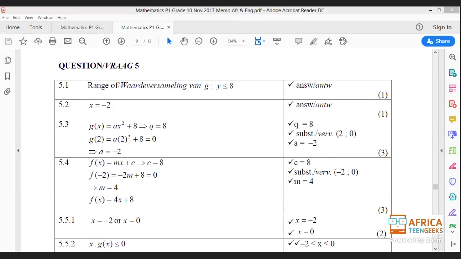We must equate it with the f of x, which is 4x plus 8. So that's your step one, basically, right?